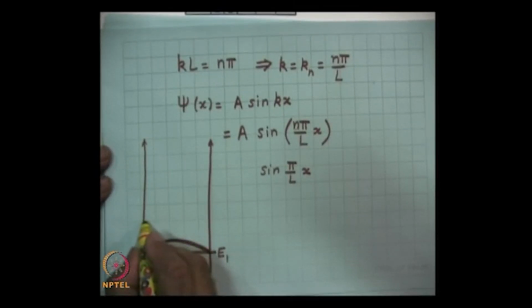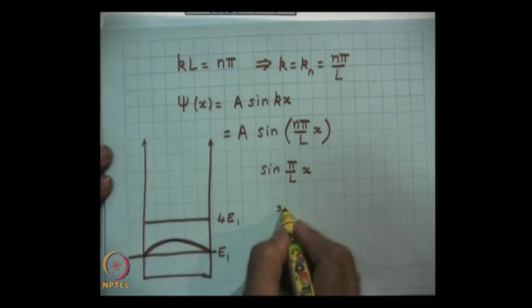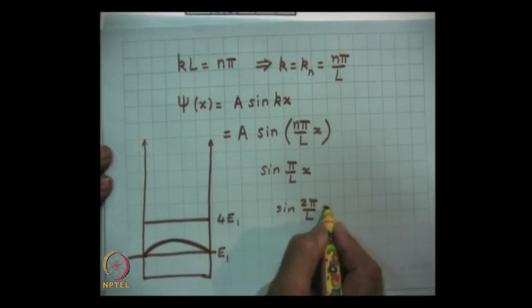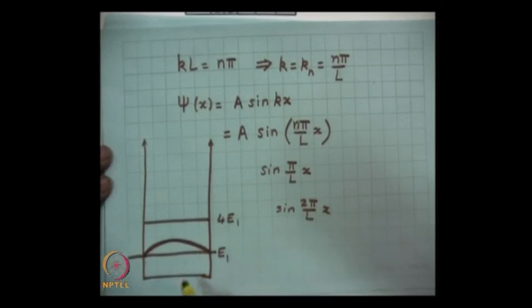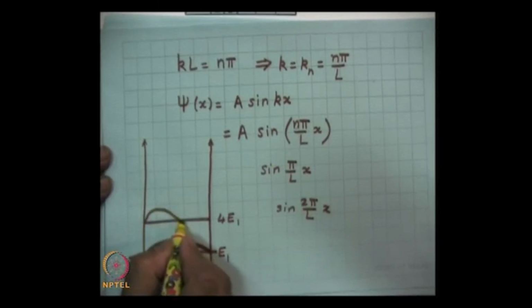The second state is 4 times E 1. So, this will be sin of 2 pi by L x. So, at x is equal to L by 2, it becomes 0. So, it will be something like this.